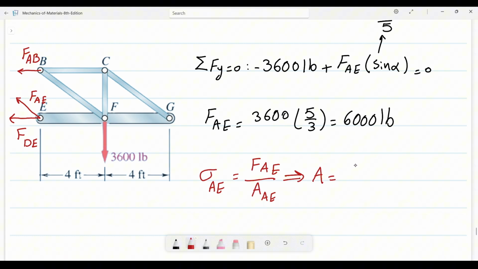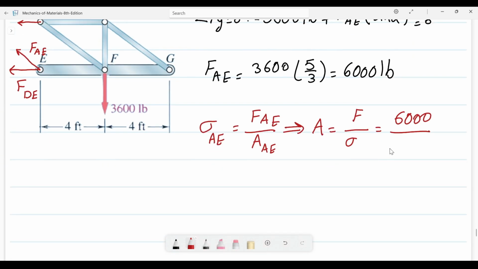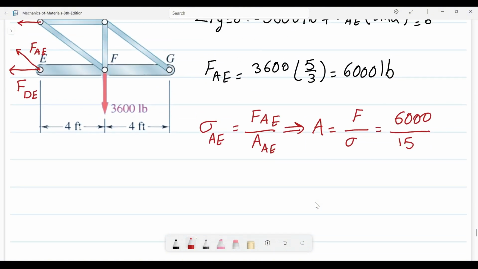It's equal to load divided by stress, which is 6,000 divided by 15 ksi. 6,000 pounds is equal to 6 kips, divided by 15 ksi. It's equal to 0.4 square inch.